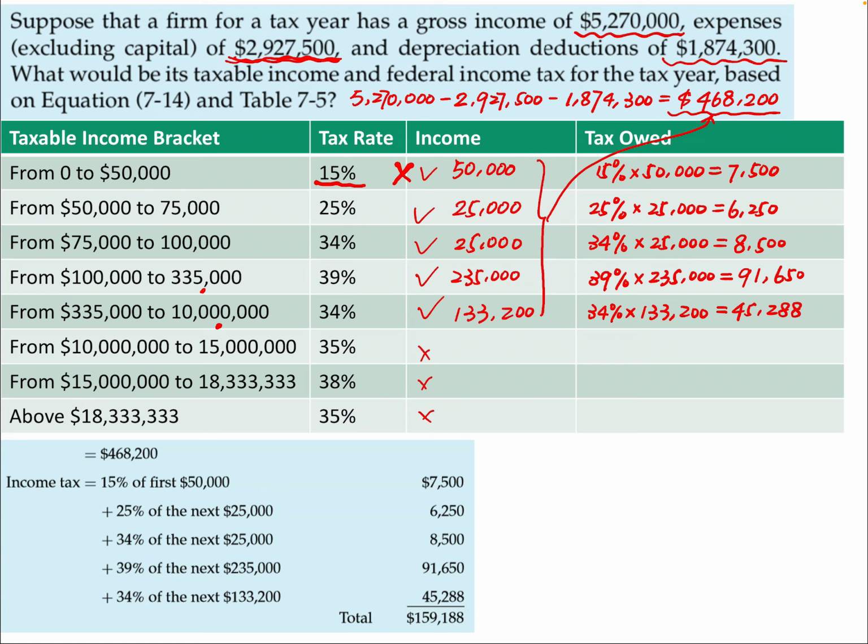So then your total tax you owe to the IRS will be the sum of this, and that will be 159,188. Okay, so this is how you use this system to calculate taxable income: to slice the taxable income, and then to determine for each bracket how much tax you owe, and then you sum them up.